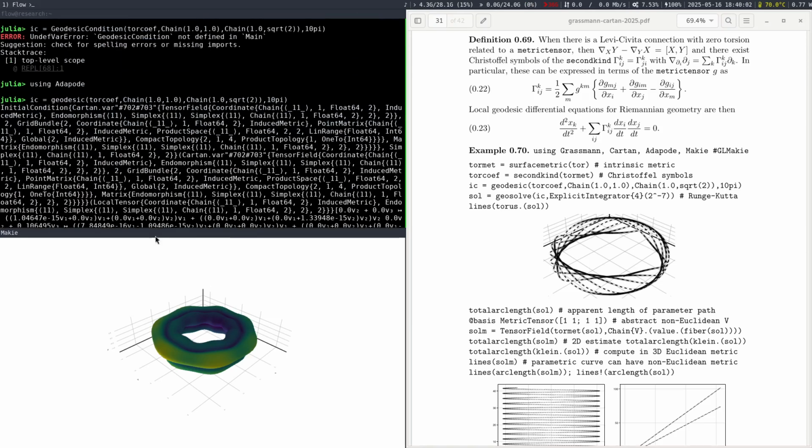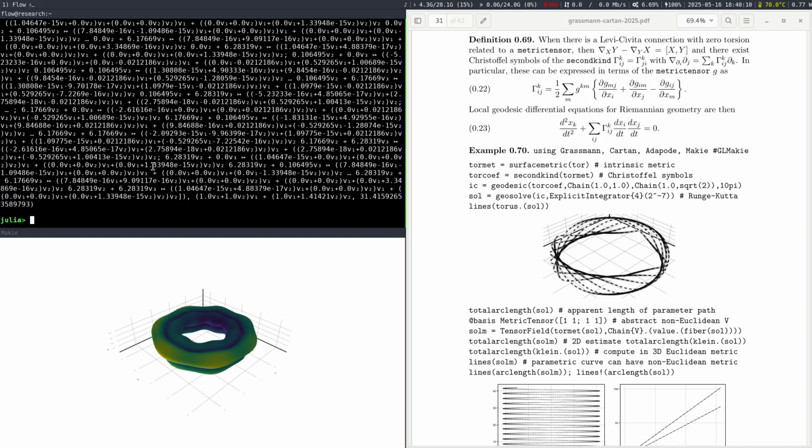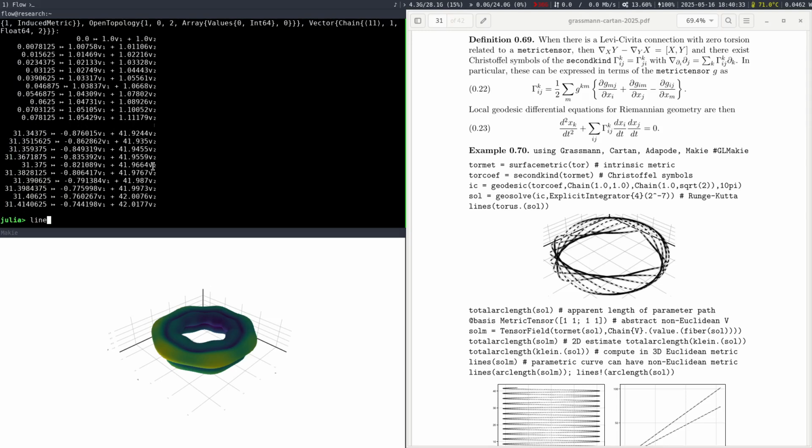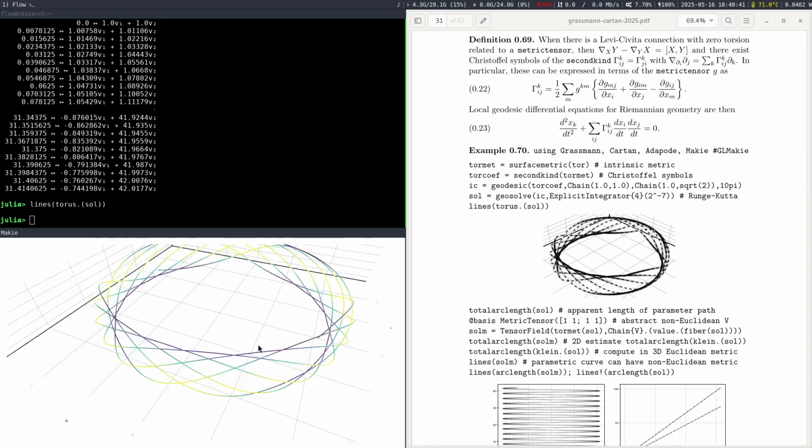So that produces a geodesic condition. And that gives us the solution there.